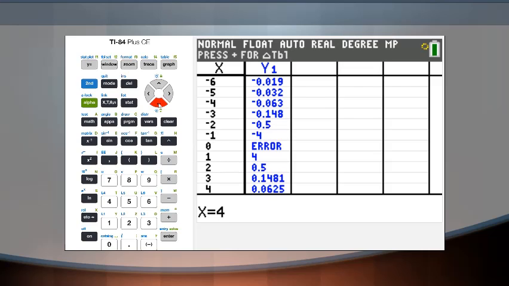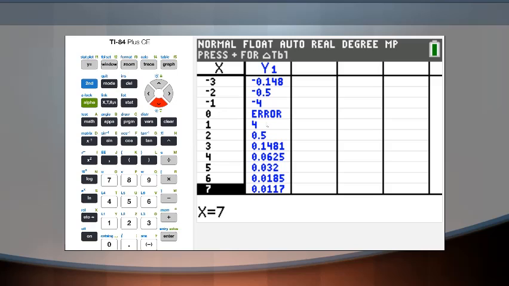And I can see, for instance, even when x is equal to 6, y is equal to 0.185. As x is going out towards infinity, y is getting closer and closer to 0, but not hitting it. I've got this error where x is equal to 0, which is going to represent my point of discontinuity. We cannot divide by 0. And so, let's go ahead and describe the graph of this function on the next slide.